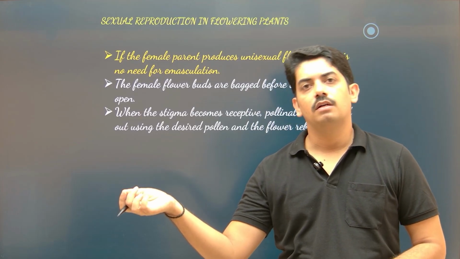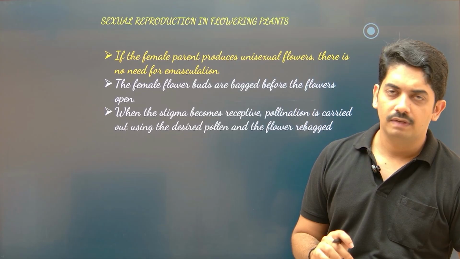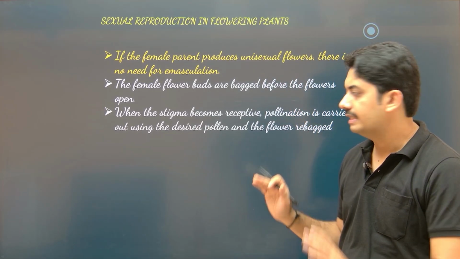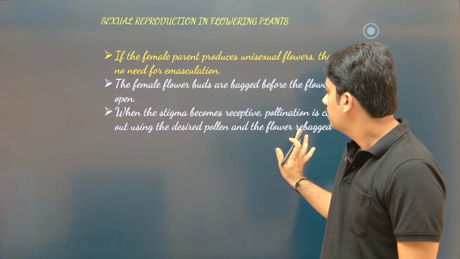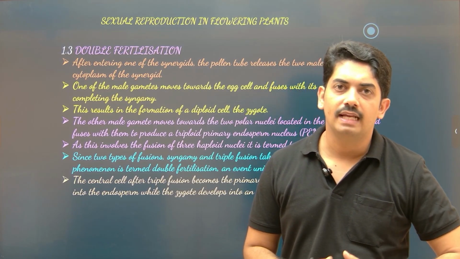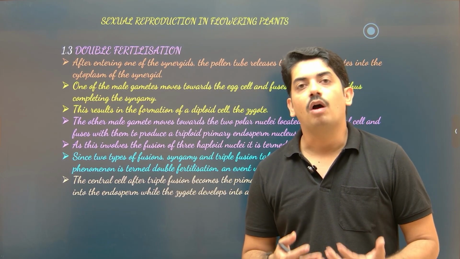Simply take the pollen grains from the desirable plant, transfer them to these flowers and rebag. There is a high chance that you will get the hybrid plants. So this is how artificial hybridization is conducted to get better plants or better offsprings.